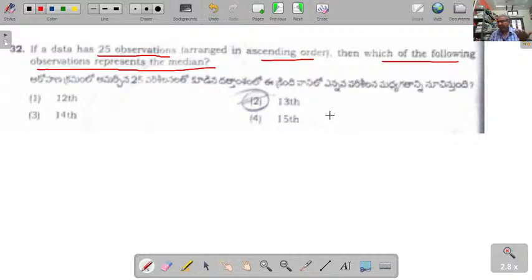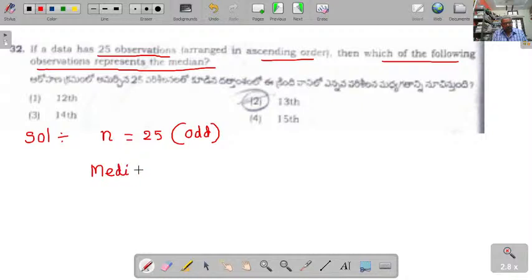There are 25 observations, so we can follow it like this. Let n be the number of observations, that is 25. We need to check whether it is even or odd. It is odd, and when it is odd, it has only one middlemost term, that is the median. The position of the median is the (n plus 1) by 2th term.